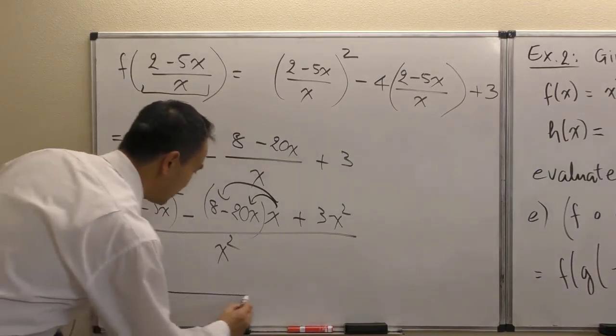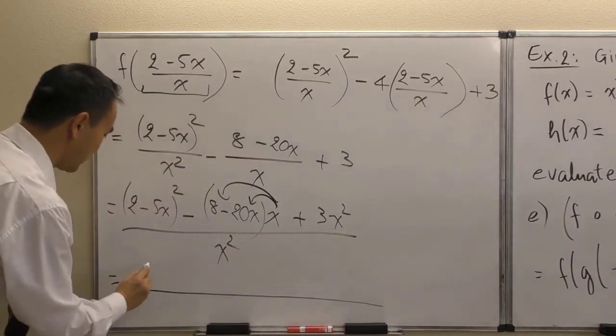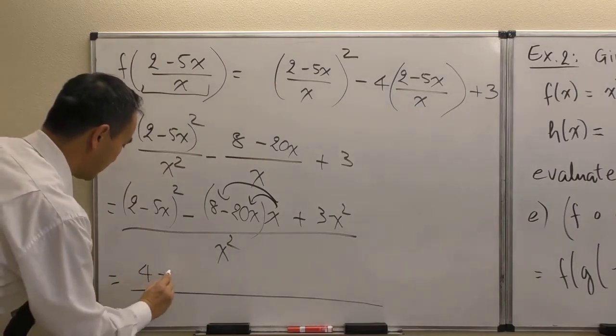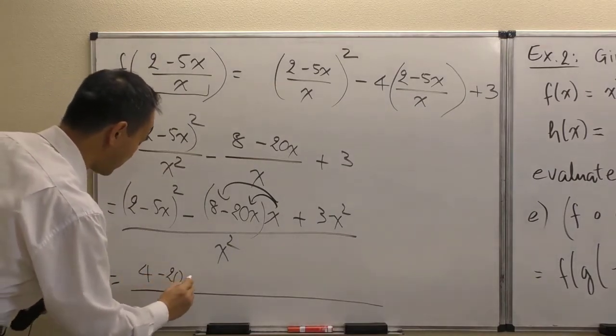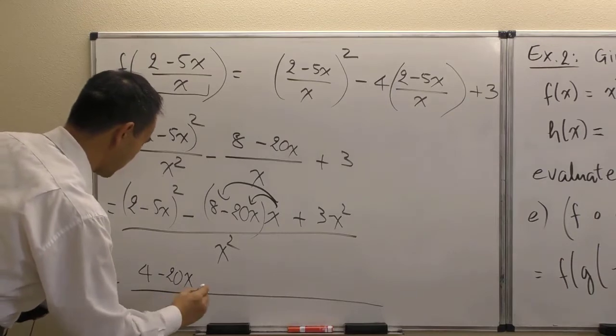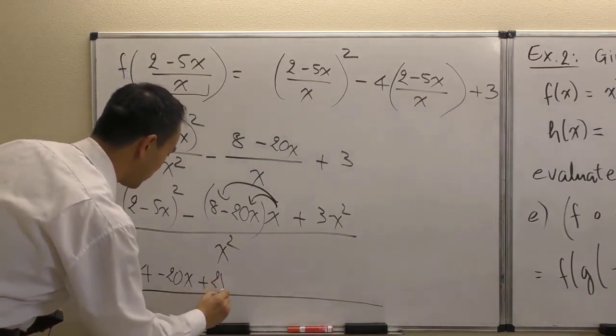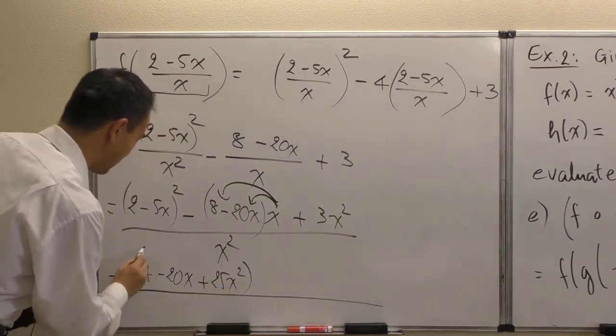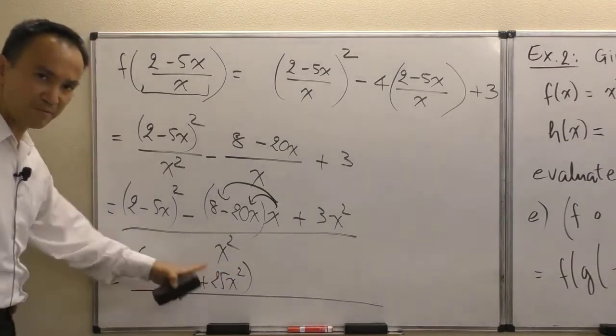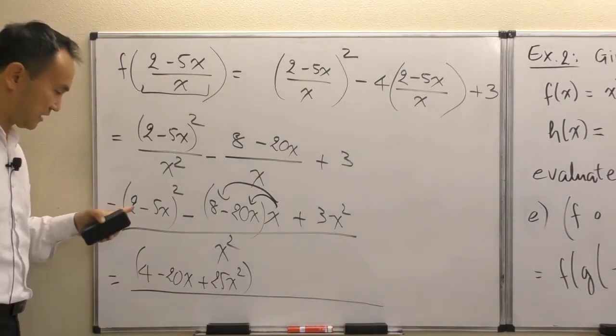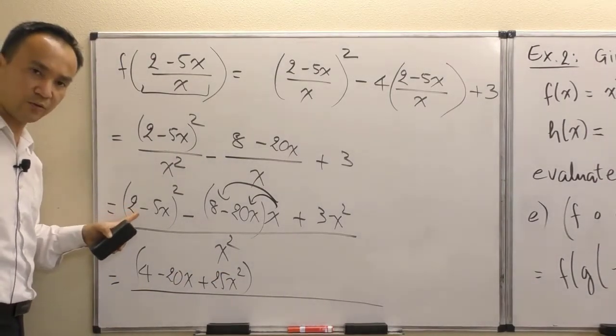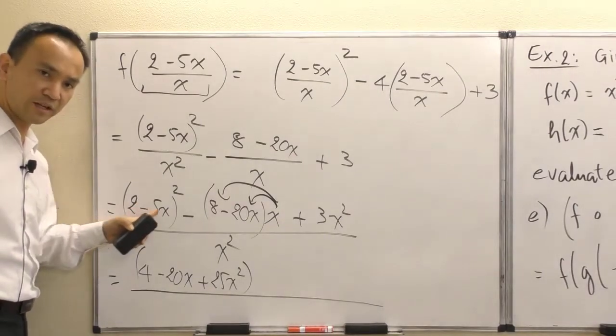For that square, I'm looking at 4 minus 20x plus 25x squared. That's what you will end up with once you have correctly FOILed.